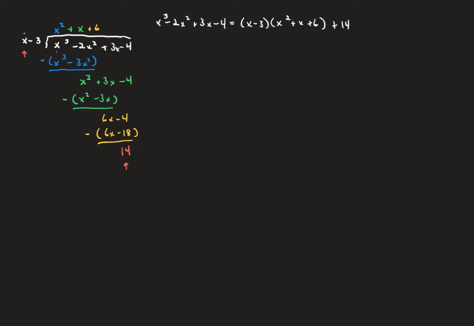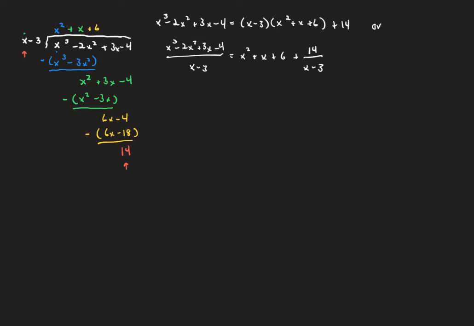And the other way we can write this is to say x to the third minus 2x squared plus 3x minus 4, that's our original polynomial, divided by the x minus 3 is going to be our quotient, x squared plus x plus 6, and then we'll take our remainder, 14, over what we divided by, the x minus 3. Those are the two ways that we can write this result.